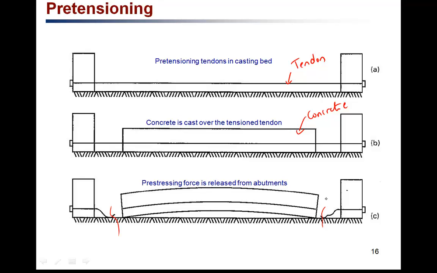So after the wires are cut, it will transfer these compressive stresses to the concrete. And as you can see here, there is this camber due to these compressive stresses.